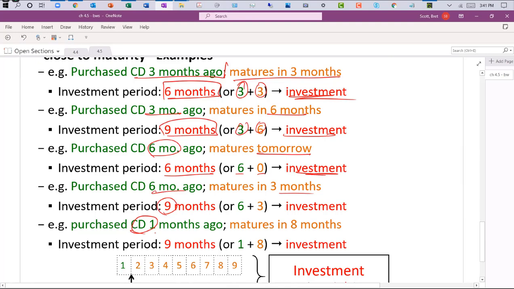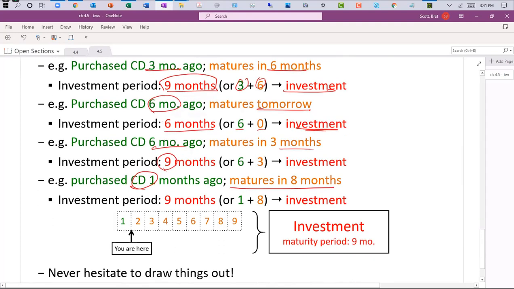If I go another month or 2, I'm good as a cash equivalent. This is saying now you got to wait another 8 months. Well, that sucks, right? 9 months total. 1 plus 8. That's 9 months my money is locked into this investment. Draw it out if you're not sure. 1 month ago, 8 months later, that's a total of 9 months, right? That's the investment. It's not a cash equivalent.